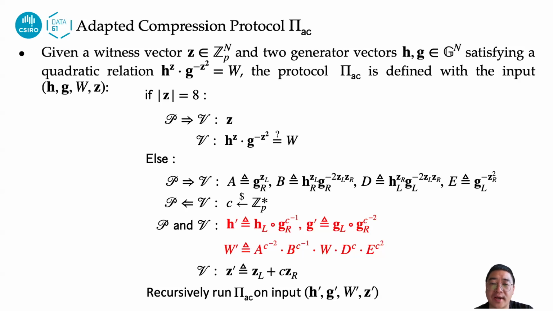We raised the right subgenerator vector to the power of c to the minus 1 and c to the minus 2, rather than raise the left subgenerator vector to the power of c as in the original compression protocol. The trick ensures that in each recursion, W does not have exponents.